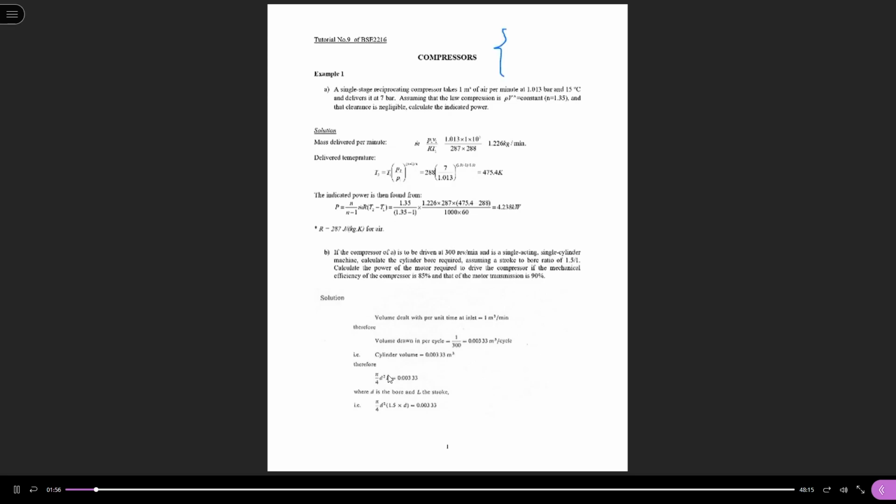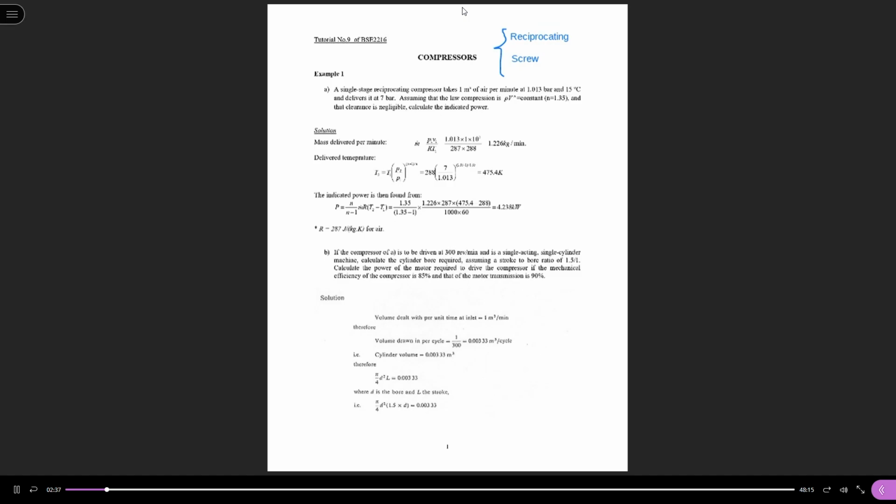For the compressor, we have three main types: the reciprocating type, and the screw type. For screw type, I think we will not go into the details. And the centrifugal type.